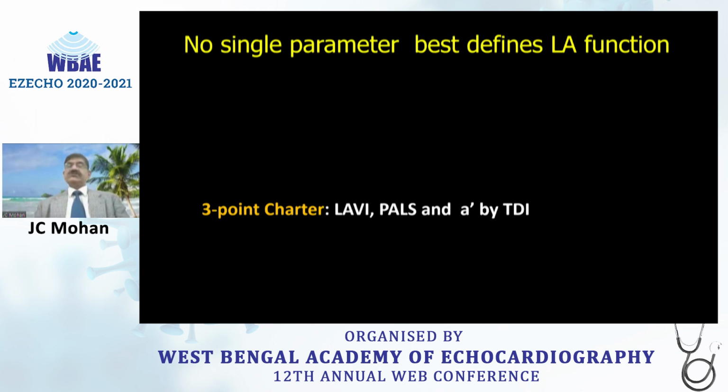All these 3 things should be individually mentioned, and if 2 of these 3 are grossly abnormal, left atrial dysfunction is present. If all 3, definitely there is left atrial dysfunction.